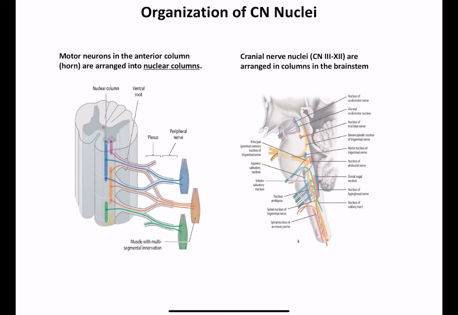There's an embryological reason for that, but it's going to be covered later. Dorsal will be the alar plate, and ventral will be the basal plate. Between those two, we try to maintain our motor and sensory neurons, anterior and posterior, all the time from the spinal cord to the brainstem.